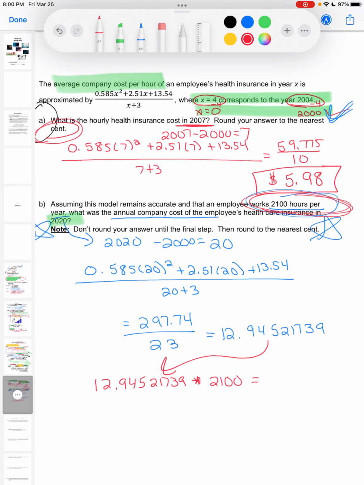Now this is going to be my final answer, so I can round this one to 2 decimal places. We only follow the rounding rules at the very end of a problem with our answer. We don't round before then. So that would be my final answer. That would be the company cost for someone that worked 2,100 hours. So it cost them quite a bit of money.